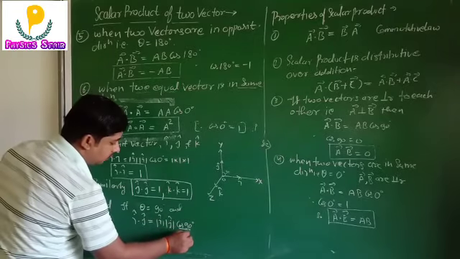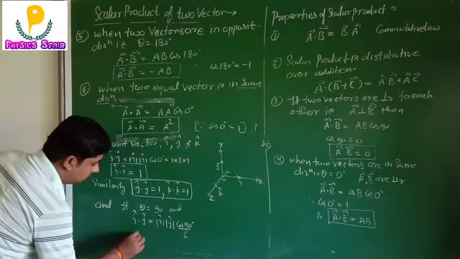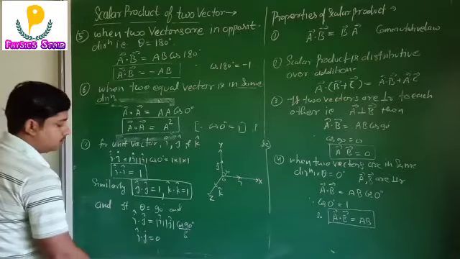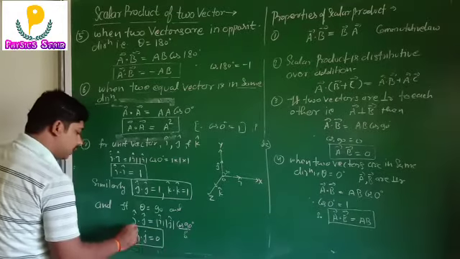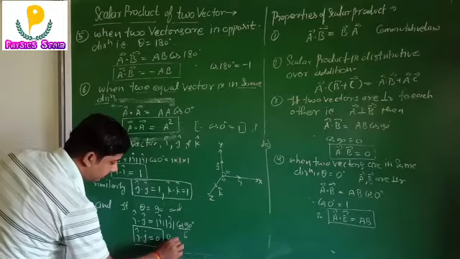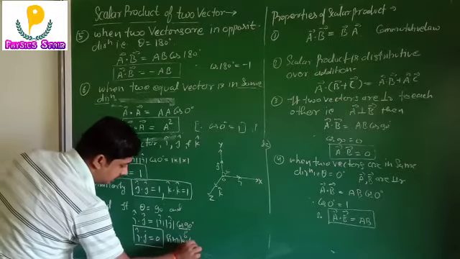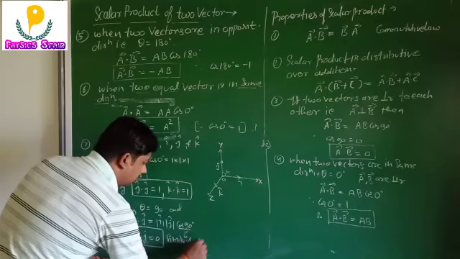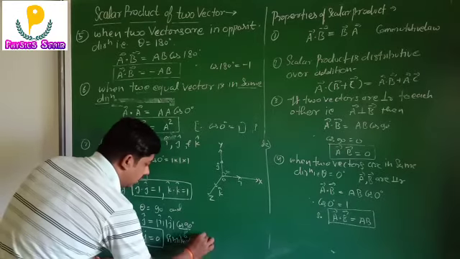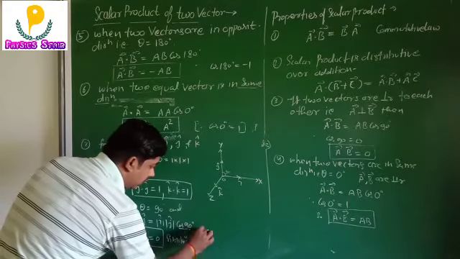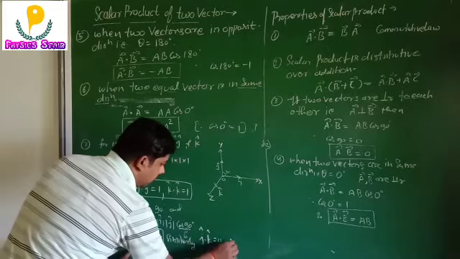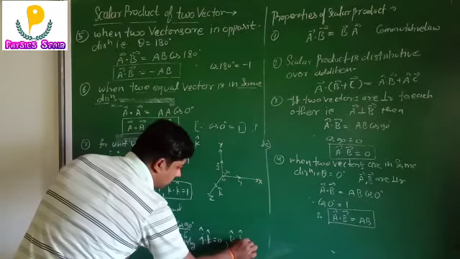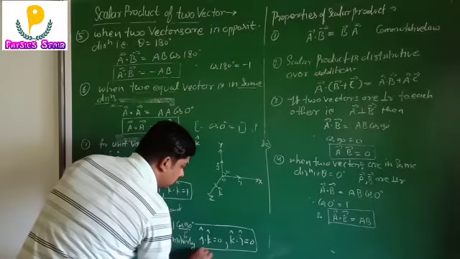Since cos 90 is equal to 0, unit vector I dot unit vector J is equal to 0. Similarly, J dot K is 0, and K dot I is 0.